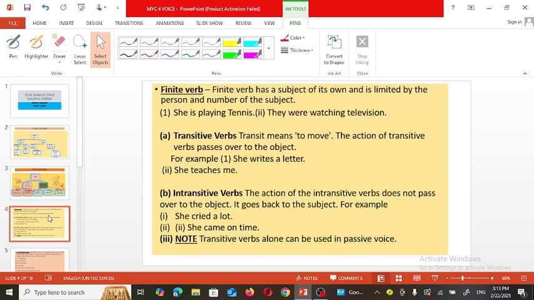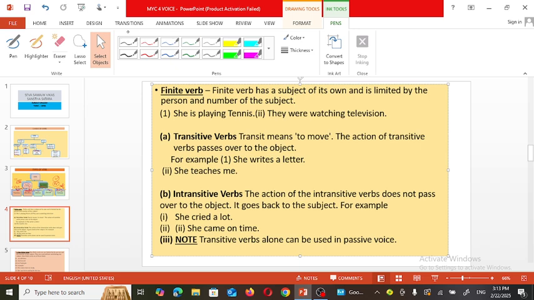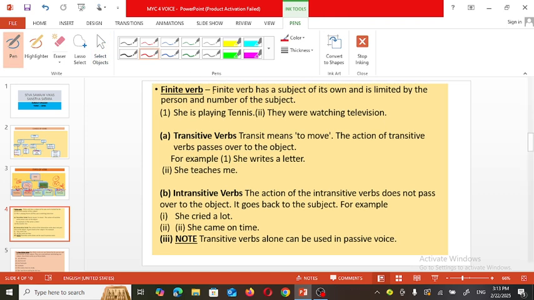A finite verb has a subject of its own and is limited by the person and the number of the subject.